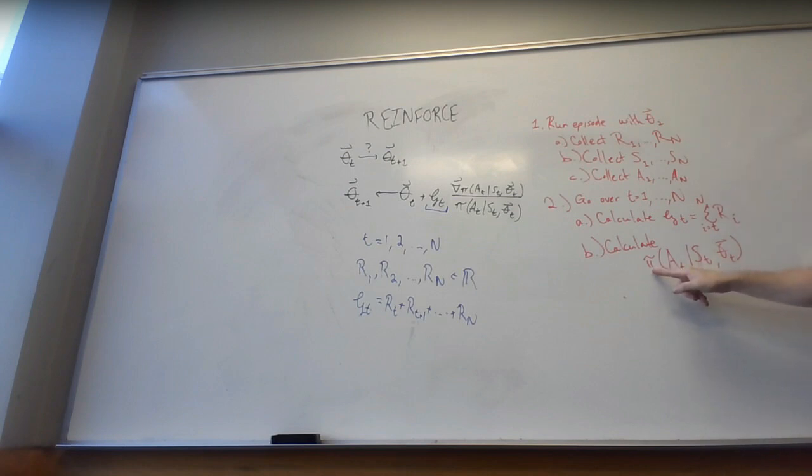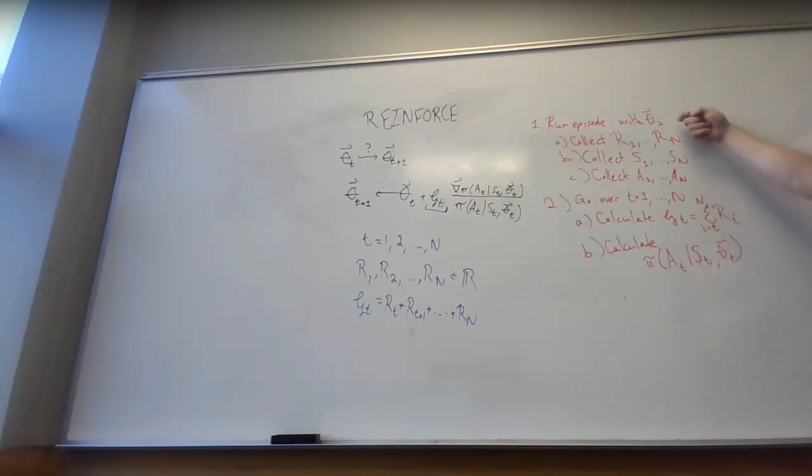And this pi is saying, what is the policy distribution for the state that you're in at time t? So like time 1, you'll look at the first state you saw in the episode, and you'll ask, okay, I take my original weights that I had during the episode, and I calculate what the policy output is.